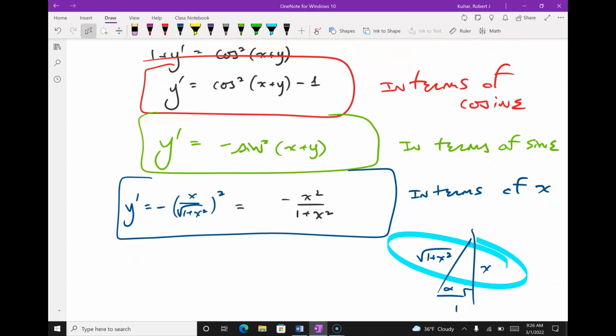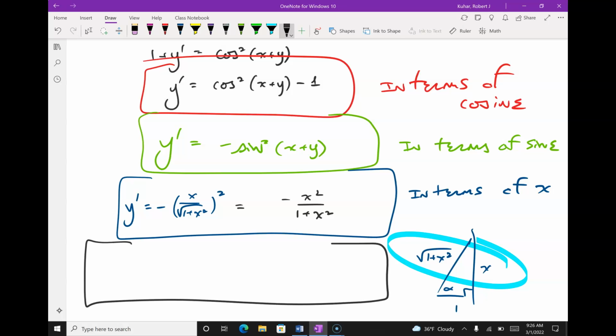I can now put this in terms of tangent. Right, in terms of tangent now. What do you think? What do you know about tangent?